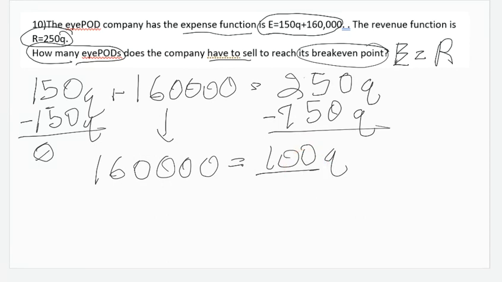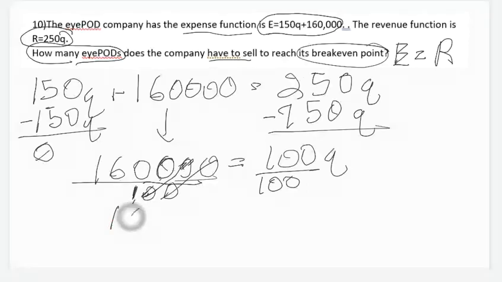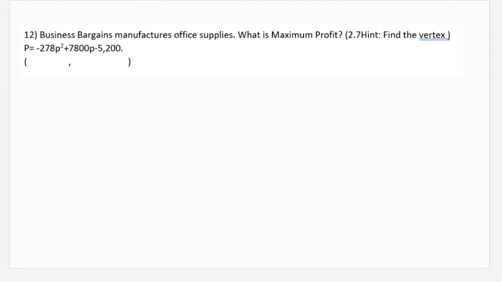I want to get the Q by itself, so I'm going to divide each side by 100. We can actually cross out the zeros, these ones. Okay. So the quantity they would need to sell is 1,600. That's how much they would have to sell to reach their break-even point.